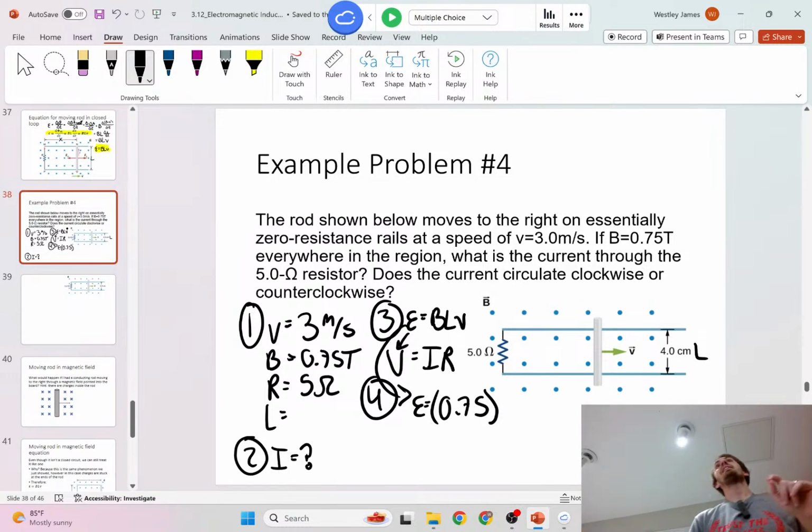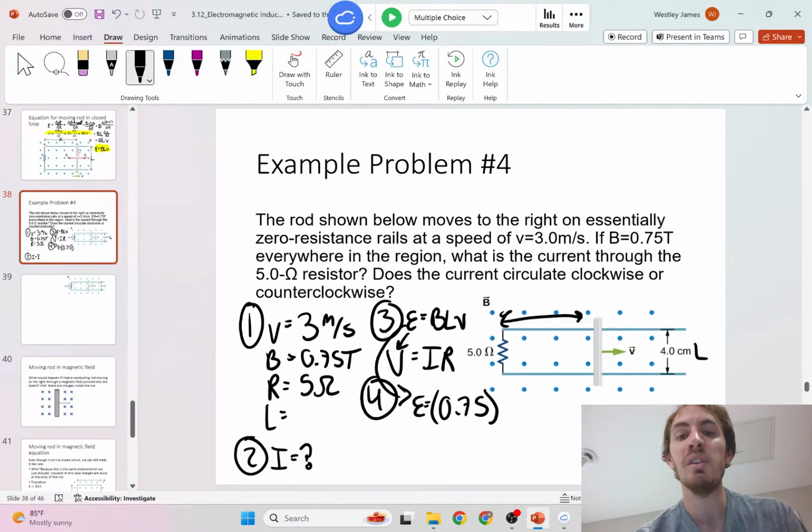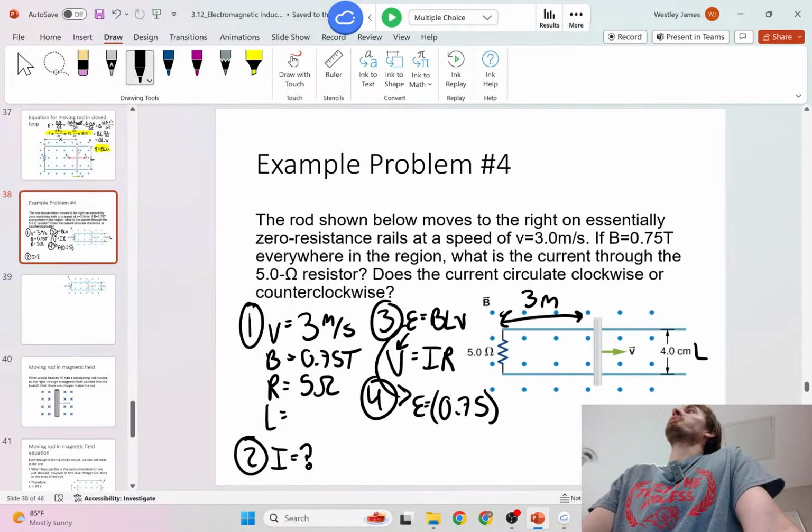You need to be very careful with these problems. I will give you in a problem L, and I may also give you this. Now, if I give you that 3 meters, guess what? It's absolutely useless. You need to know what L actually is. It's the length of the rod.